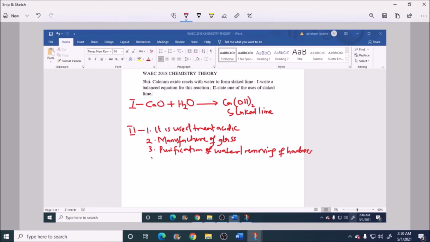Then number 4, it is used to test for CO2, carbon dioxide. Then number 5, it is also used to produce bleaching powder, that is, in the production of bleaching powder.